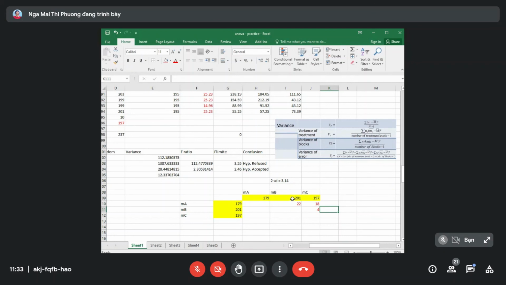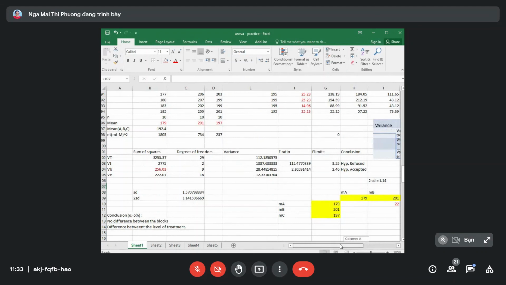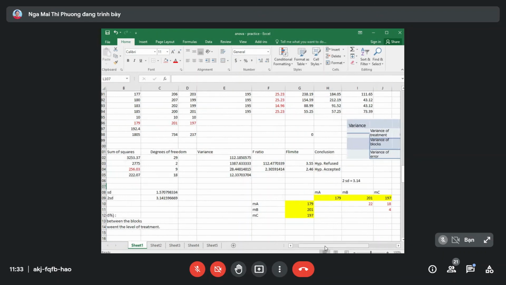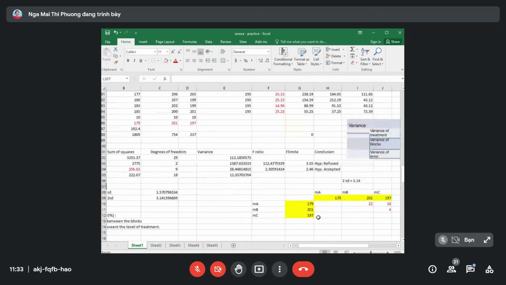So in this case, B is the best one, followed by C and A. Clear? So the conclusion: there is no action of block, A and B and C are different, and B is the best.